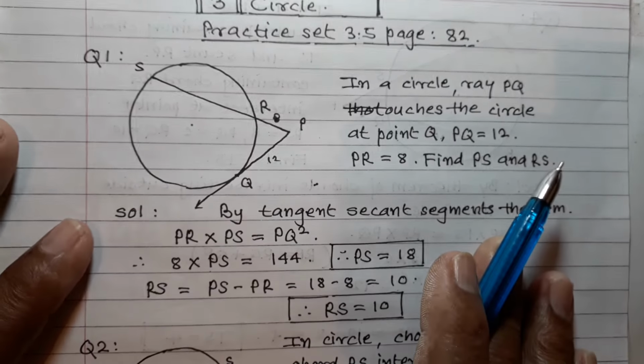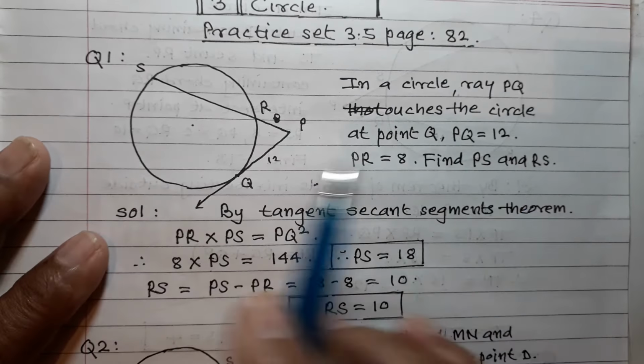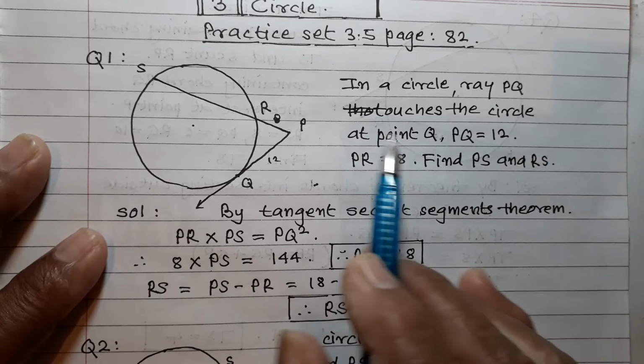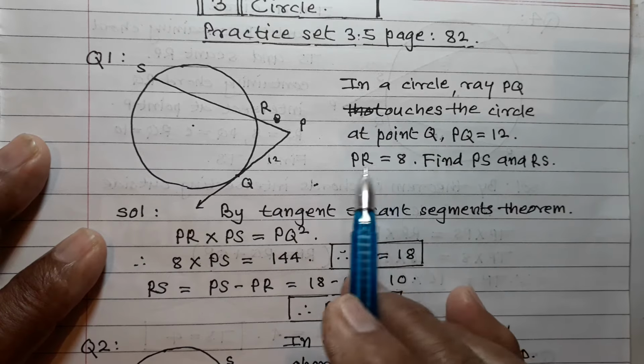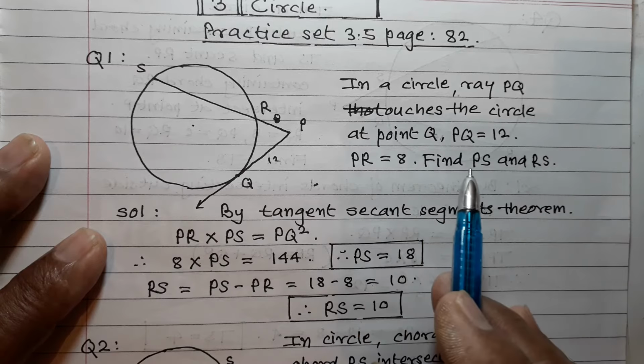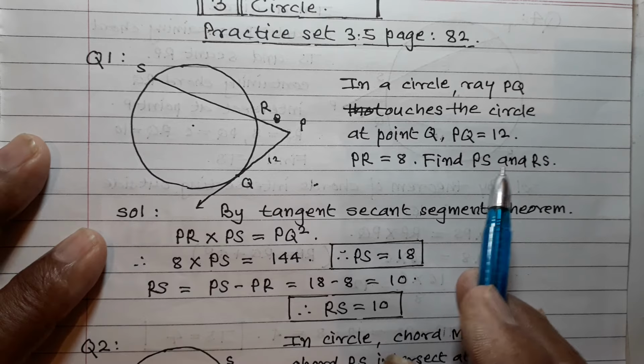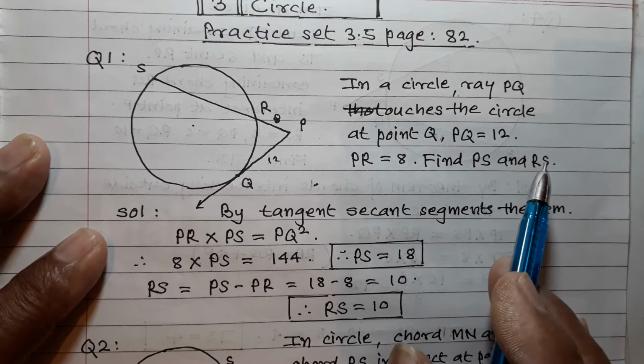Question number 1. In a circle, ray PQ touches the circle at point Q. PQ is equal to 12, PR is equal to 8, find PS and RS. Now try to understand. This is a circle given.